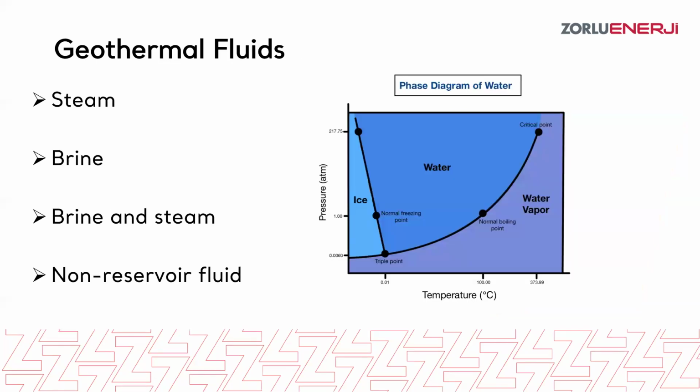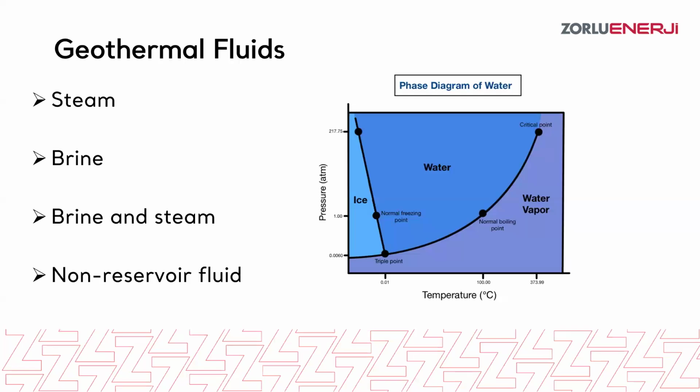And for every geothermal system, we have a geothermal fluid that carries this energy from the subsurface to the surface so that we are able to produce any kind of energy from it, okay? So in that sense, we have several options in here.